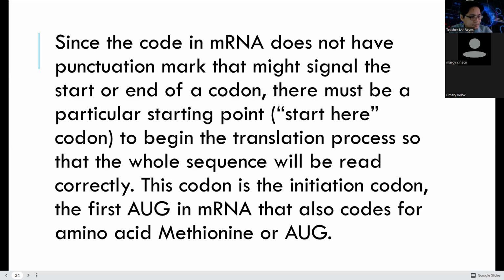What will happen? Of course, the ribosome will continue to create a lot of proteins that are not necessary, that are not needed in the body. And this is what makes, again, the cell abnormal.